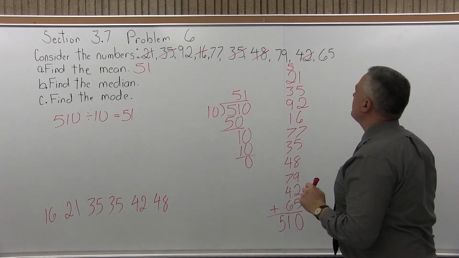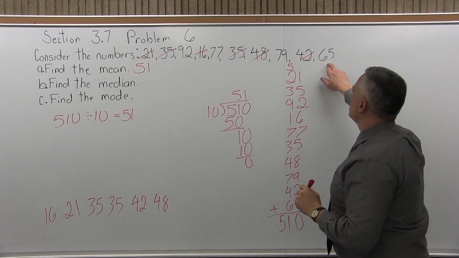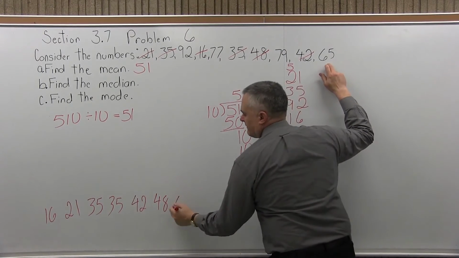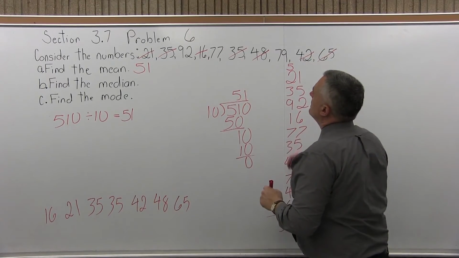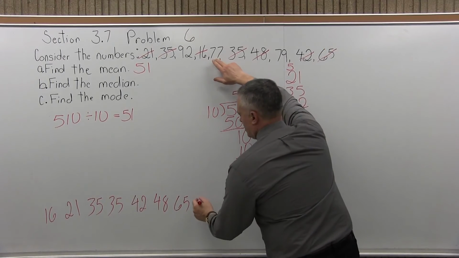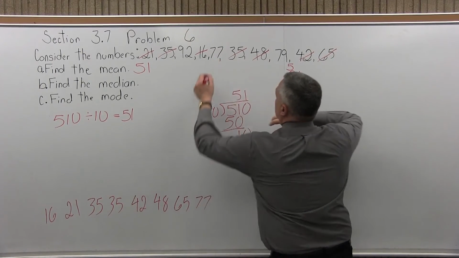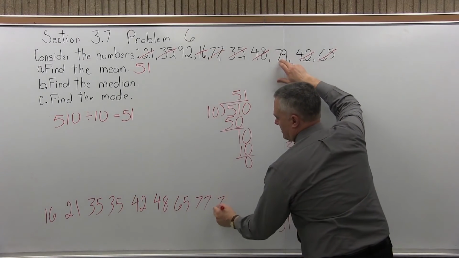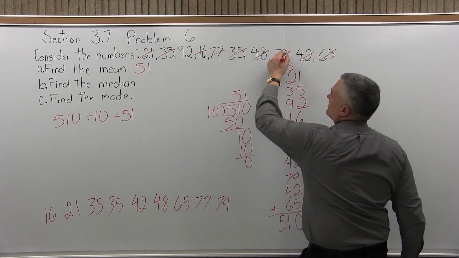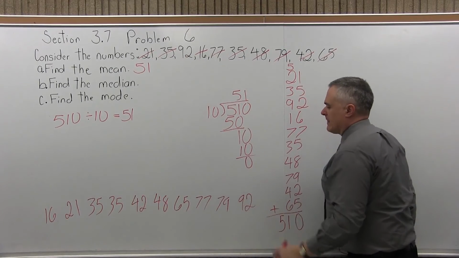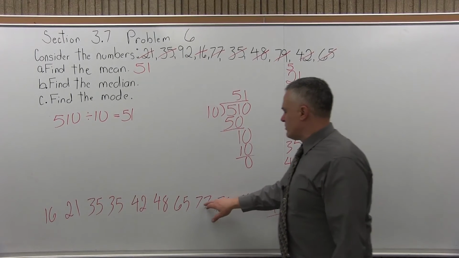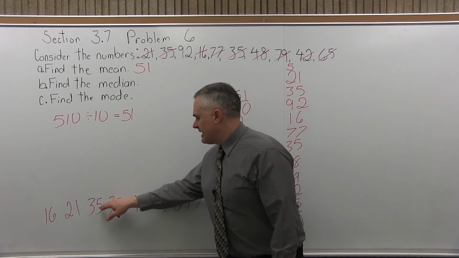In the 50s, I don't have anything. 60s next, 65. 77 would be next. 79, and the biggest number in my list is 92. And there should be 10. 1, 2, 3, 4, 5, 6, 7, 8, 9, 10.